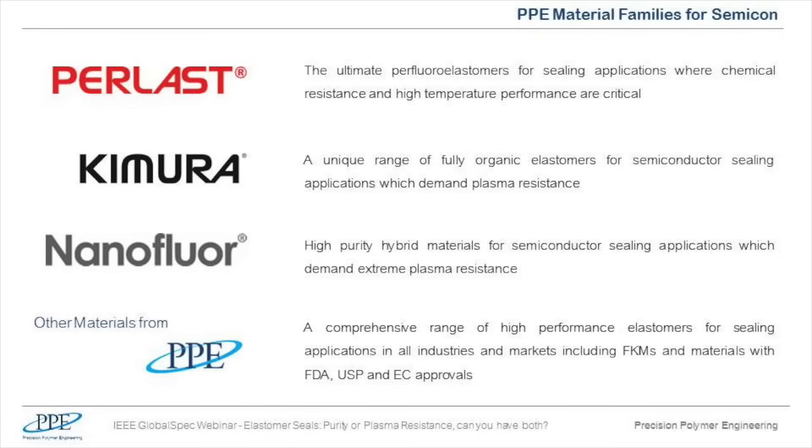The Kimura material family is a range of fully organic fluoroelastomers where particle contamination and plasma resistance are concerned. Nanofluor is a range of hybrid materials providing high purity for applications which demand extreme plasma resistance. Any other materials made by PPE are sold under the PPE trade name, for example FKM materials for semiconductor applications.